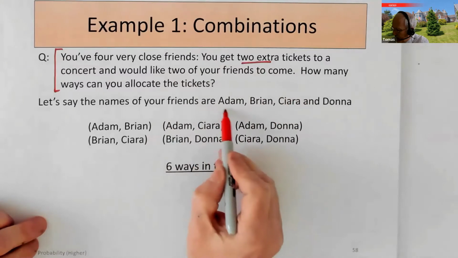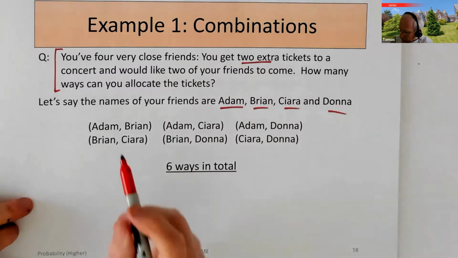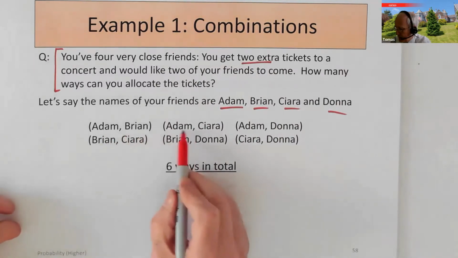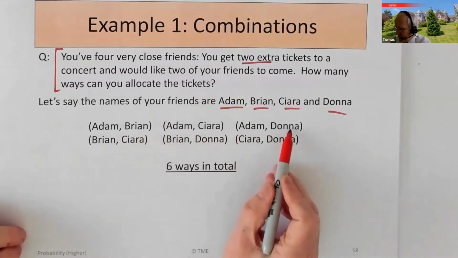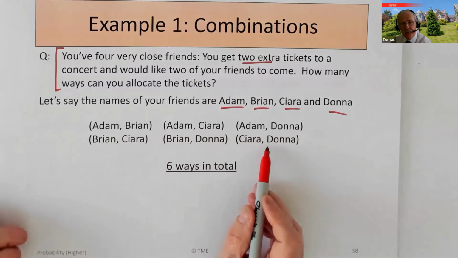I'm going to call them Adam, Brian, Kira, and Donna: A, B, C, and D. How many ways can you give away the tickets? You have 2 tickets and 4 friends. Well, Adam and Brian would be one option. Adam and Kira, Adam and Donna, Brian and Kira, Brian and Donna, and Kira and Donna.